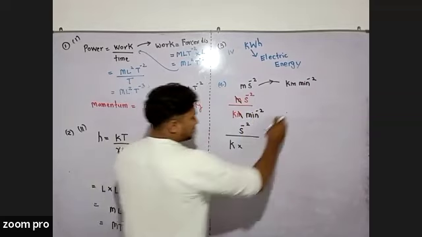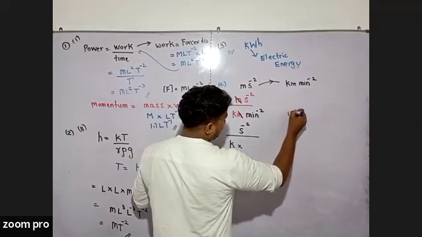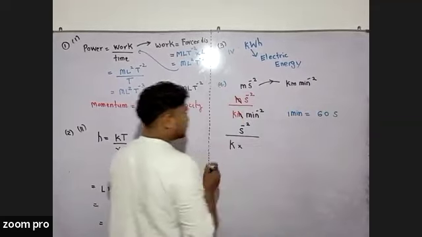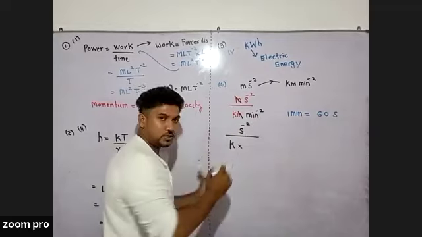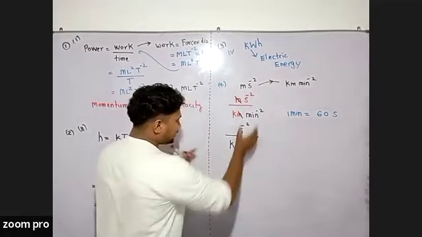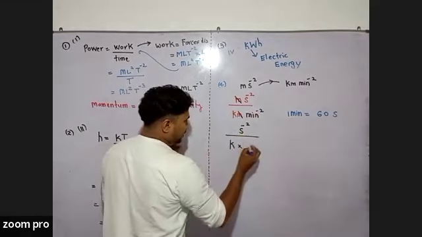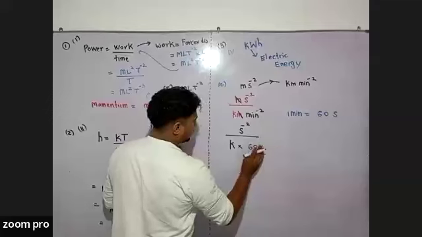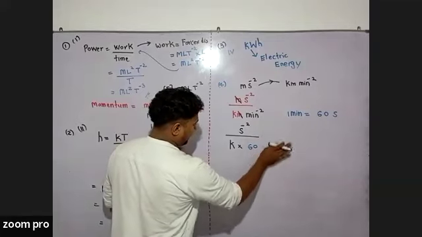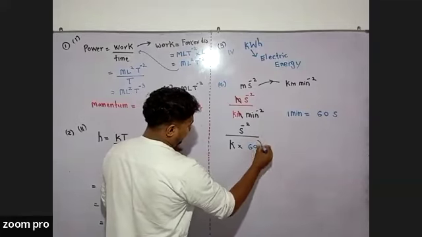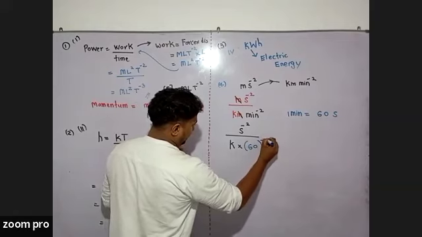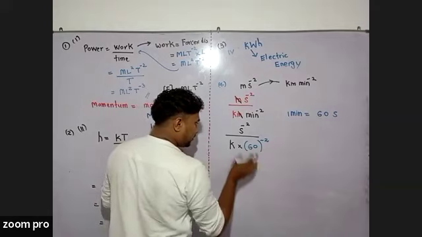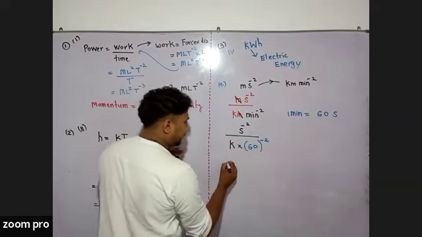The theory is, you know that 1 minute consists of 60 seconds, right? So in order to convert these minutes into seconds, you have to multiply the given value by 60. That is 60 into s to the power minus 2, right? Then let's substitute the further values for kilo, right?